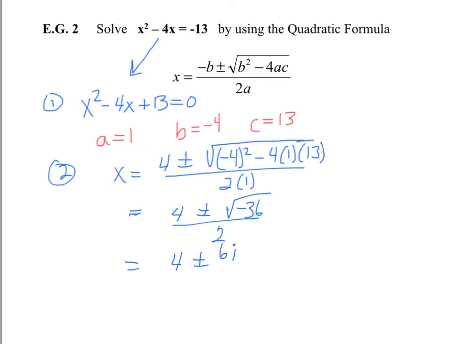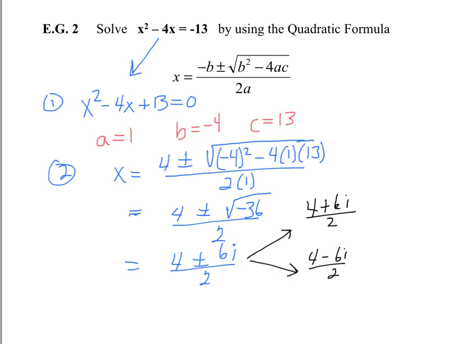It's a perfect square as well, over 2. And then at this point is where it branches out into two answers for x, 4 plus 6i over 2 and 4 minus 6i over 2. And remember that these are not alike. You got a real and an imaginary, so don't get tricked into saying 10, because those don't add up at all.